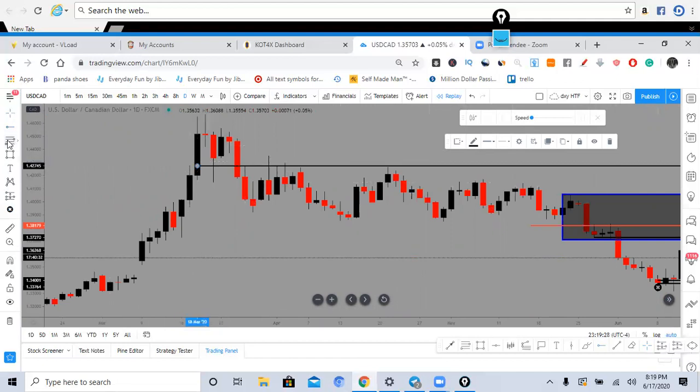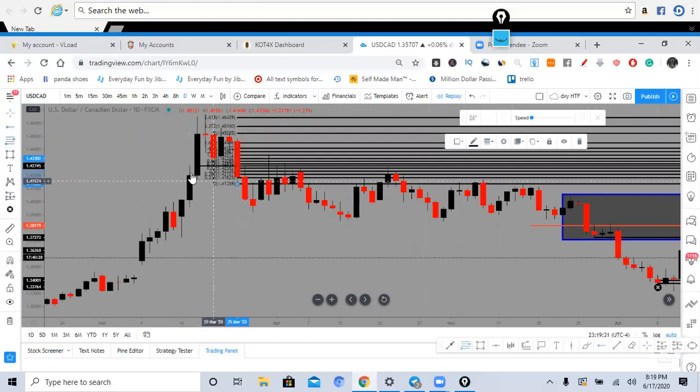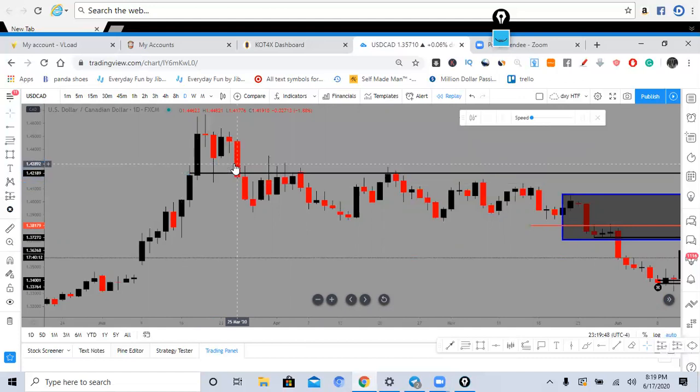Like what I mean by that is I mark, then I'll find the middle of this candle, 23. I don't think I did it right.